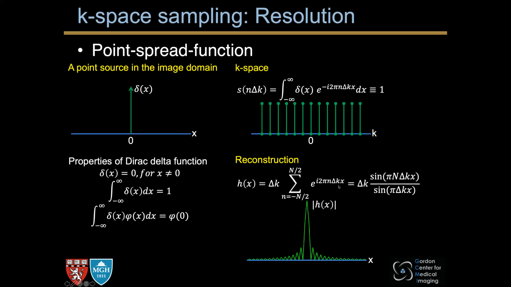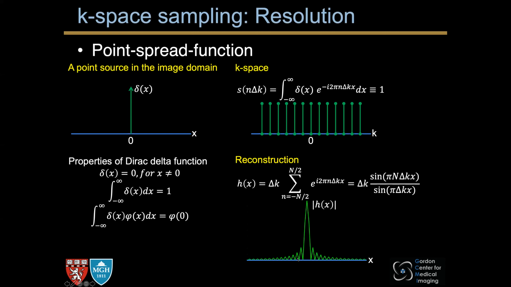We end up with a closed form solution for the Fourier reconstruction of this point source in the image domain with uniform sampling and a total of n samples. This reconstructed image is called a point spread function. And for this special case, it has the form of a periodic sinc function.